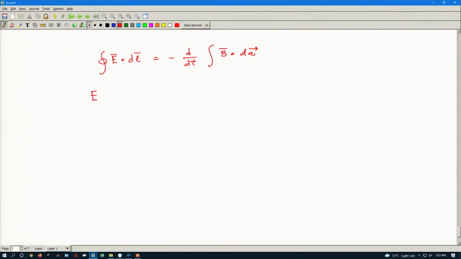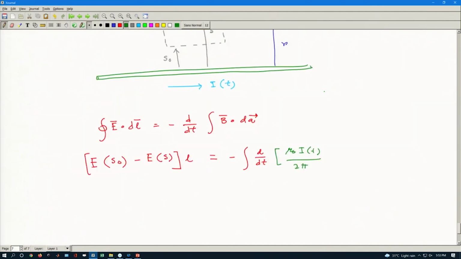If I simply integrate this closed line integral, the electric field at the other point is 0. This is a dot product, so the perpendicular directions will simply cancel out, and we have the electric field at S, and the length is L, so it is multiplied by L. On the other hand, I have minus d/dt of the value of B, which is mu 0 I(t) divided by 2 pi s, since we have a distance s.